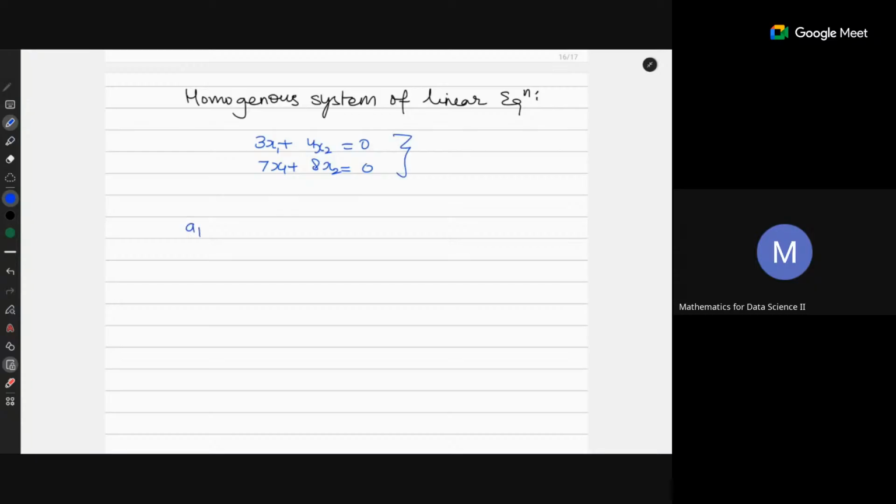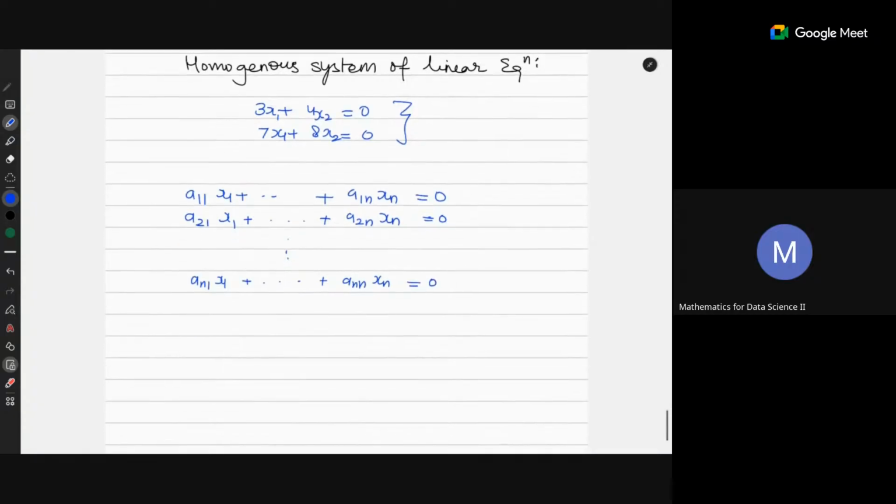Or in generality, you will have it like this equal to zero. All right. So this is called homogeneous system of linear equation.